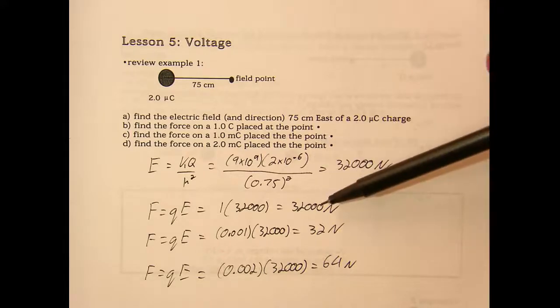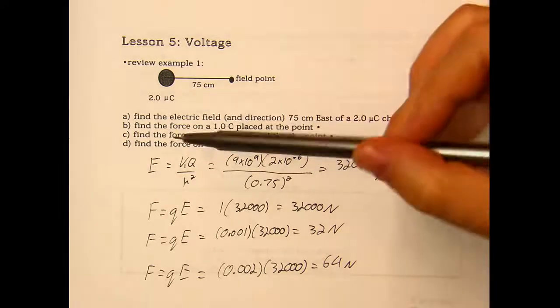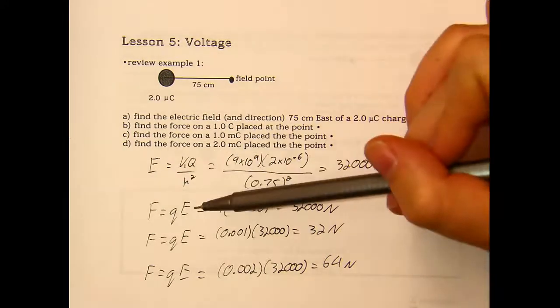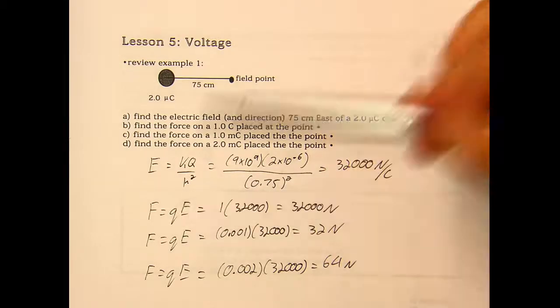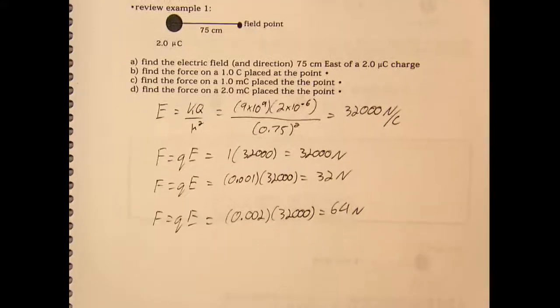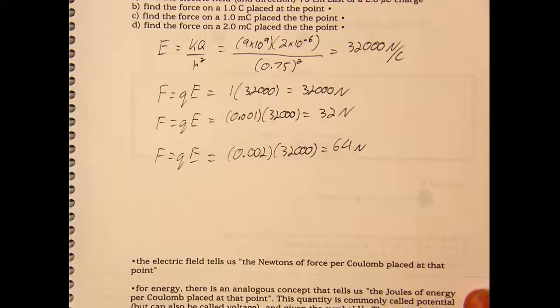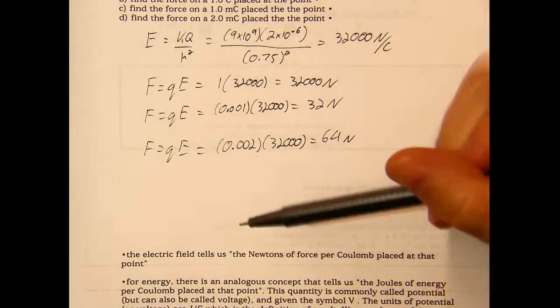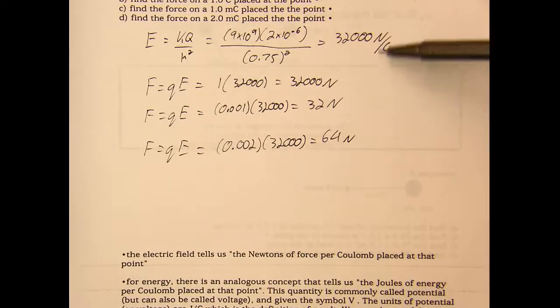So we can use the electric field to tell us what the force is going to be on a charge at any given point. The electric field tells us the newtons of force per coulomb of charge that will exist at a certain point.